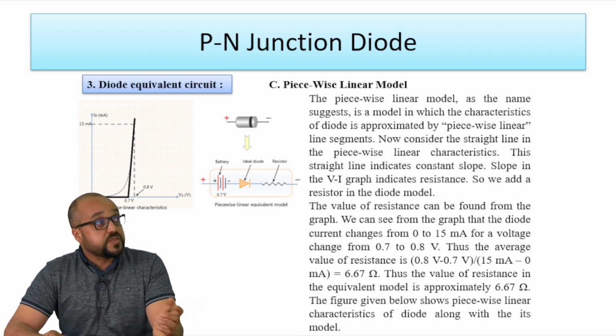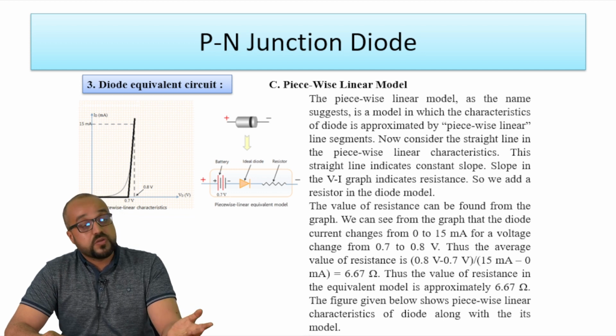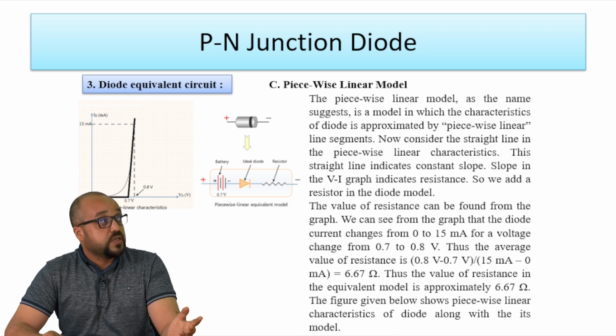The value of the resistance can be found from the graph. We can see from the graph that the diode current changes from 0 to 50 milliampere for a voltage change from 0.7 to 0.8 volt. So finally we can calculate the resistance of this model, which is approximately 6.67 ohm.